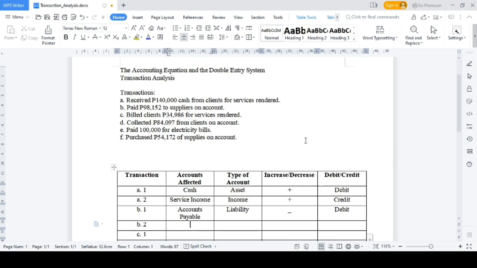Okay. So the second account is cash, since they paid cash. This is an asset account. Since they paid money, meaning their cash decreased. The normal balance of an asset is debit. Since this decreased, it will be credit.